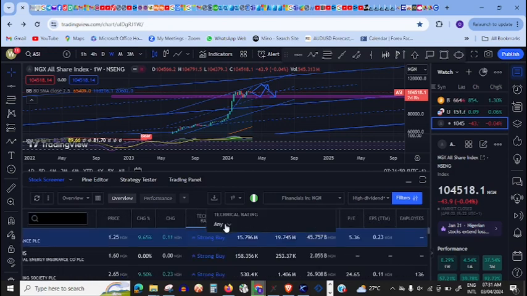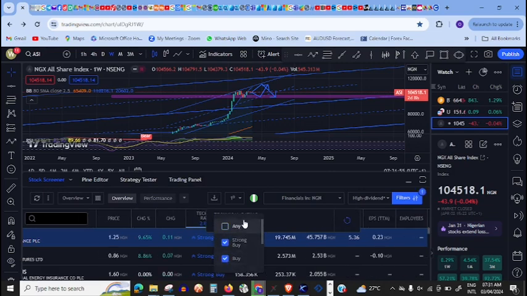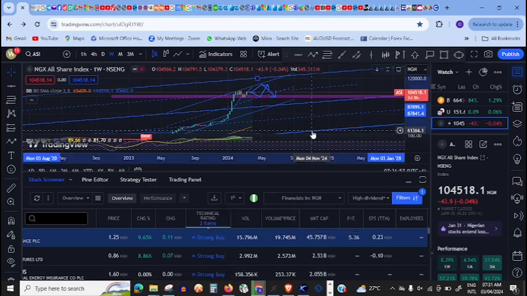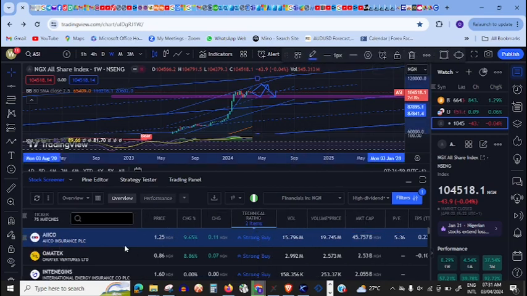Let me check technical rating, strong buy and buy. Let's just check strong buy and buy for today. How many stocks do we have? We have 75 stocks in buy and strong buy.